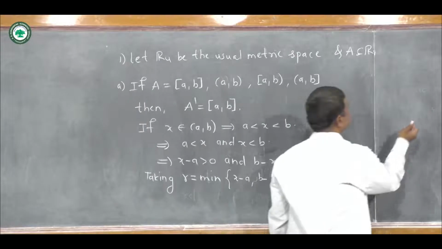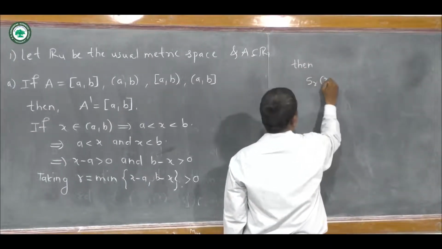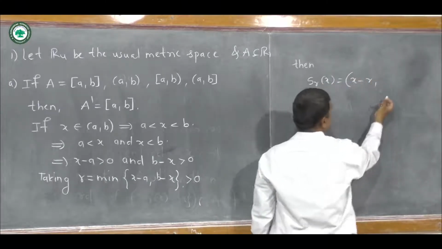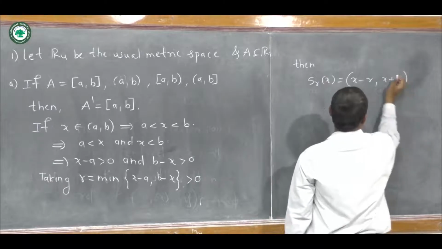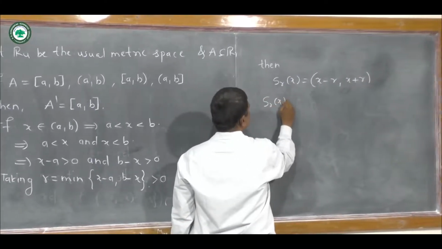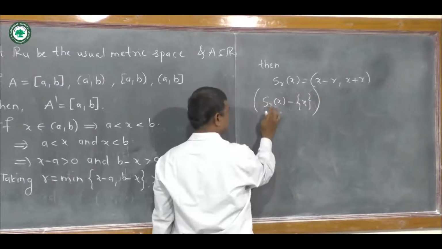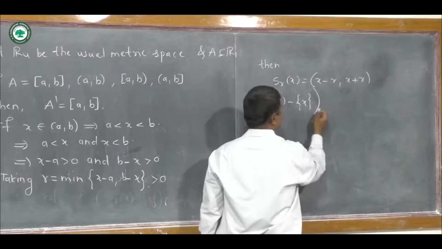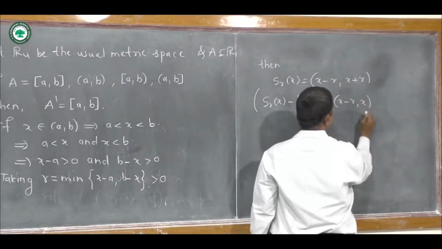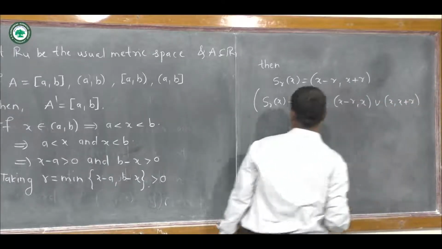Then we have the open sphere S_r(x), which is the open interval (x minus r, x plus r). Now if you consider the set open sphere S_r(x) minus singleton x, this is nothing but the open interval (x minus r, x) union (x, x plus r).